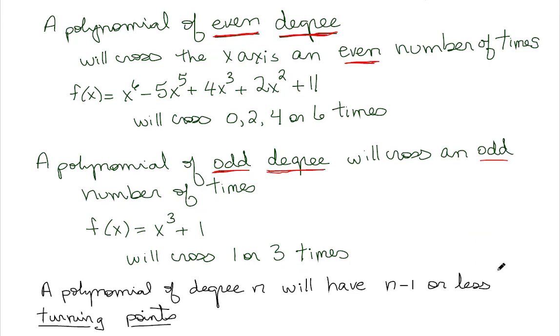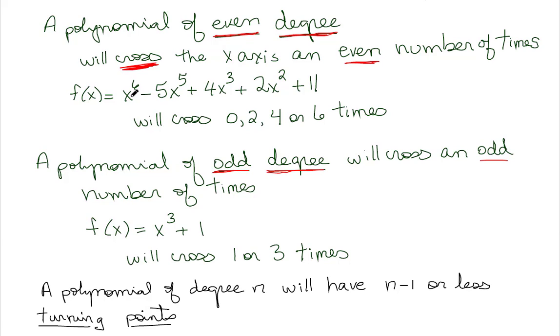Now, some more information about polynomials. If it's a polynomial that has an even degree, it will cross the x-axis. The important thing here is cross. It can cross or touch an even number of times.